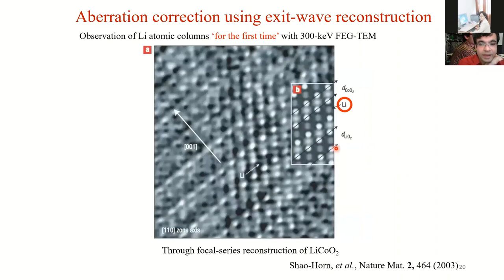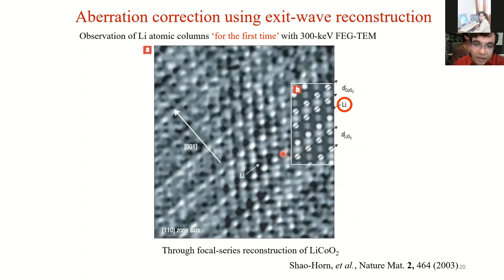And then this is LiCoO2, which is a lithium battery material. Here you can see these faint white blobs, they correspond to lithium atoms. And it's the first image from an electron microscope where people had recorded lithium atoms, in the vicinity of heavy cobalt atoms.